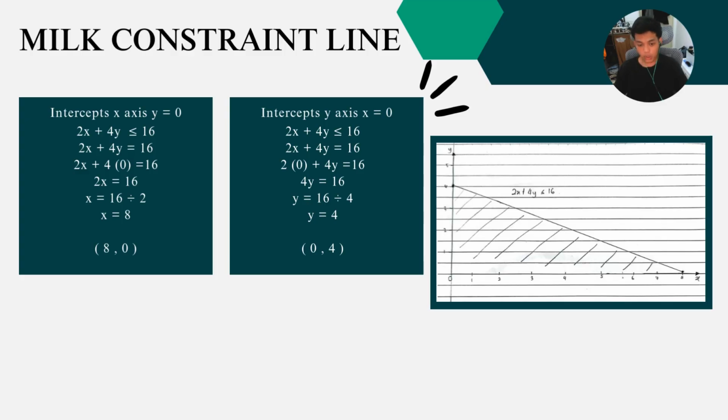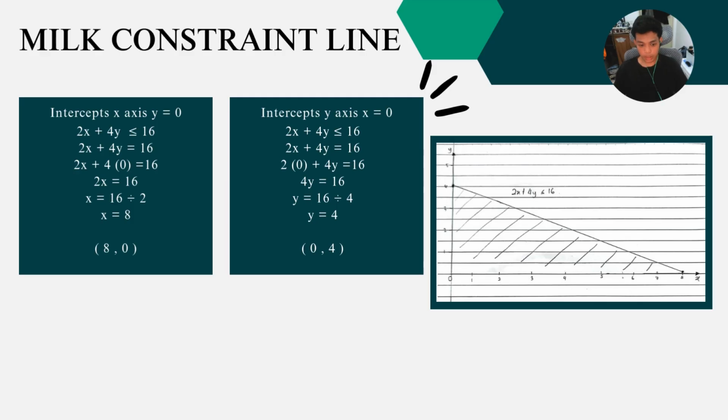On the left box, we are solving for the x-intercept by setting y equal to 0. Substitute 0 for y into the equation so that we get 2x plus 4 times 0 equals 16. Next, 2x equals 16 and we get x as 8.